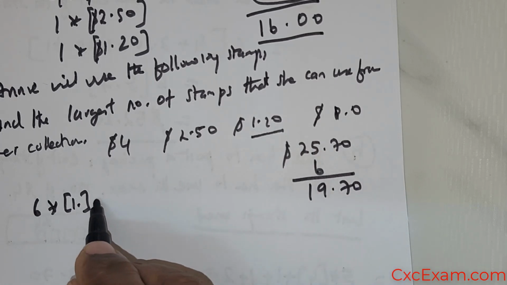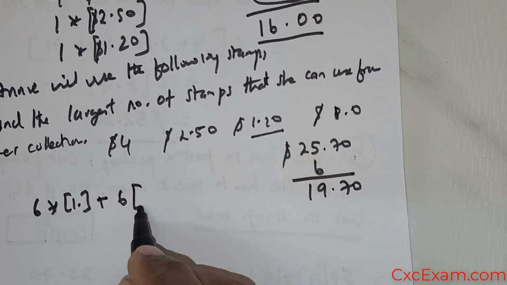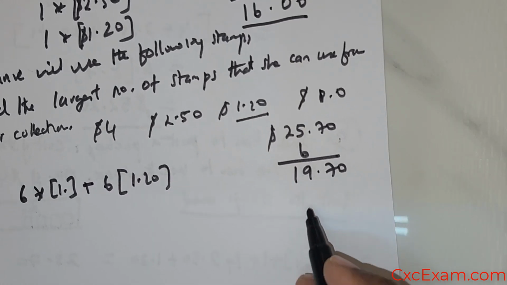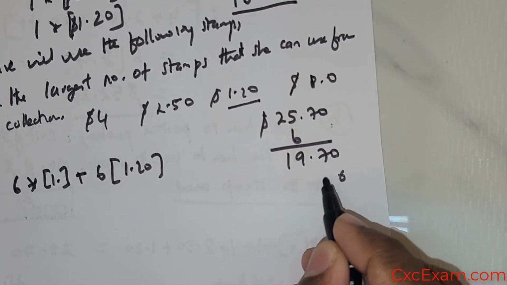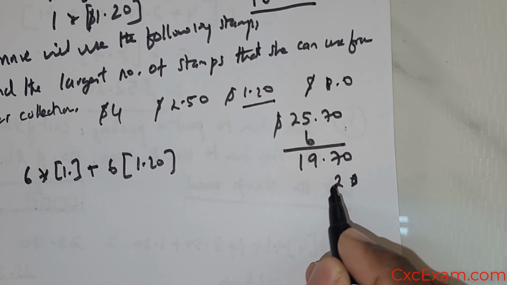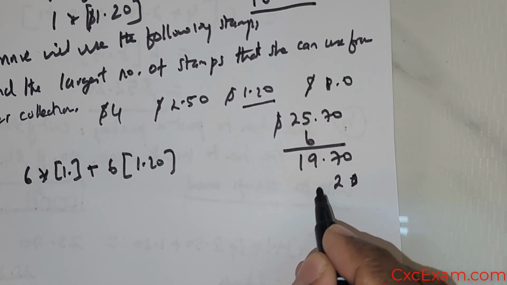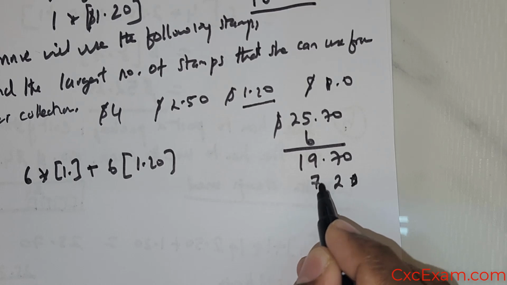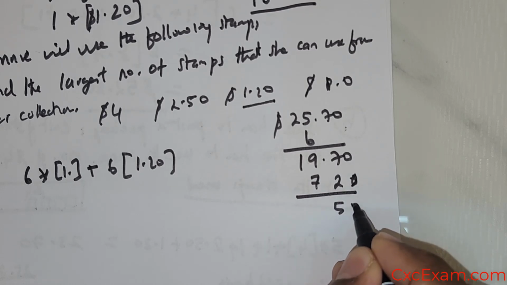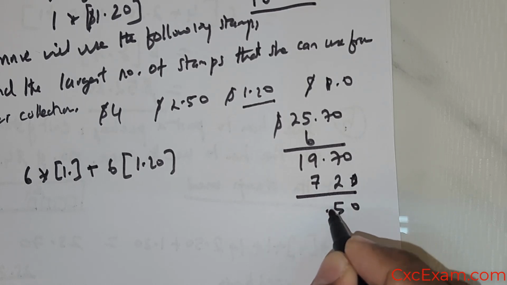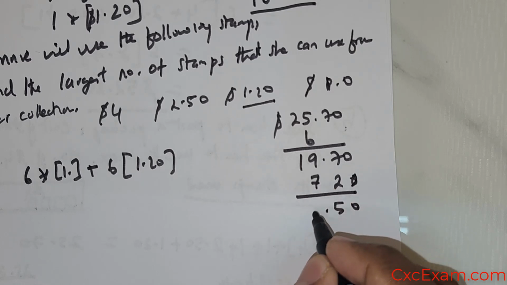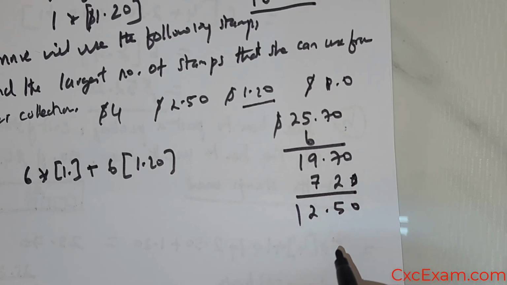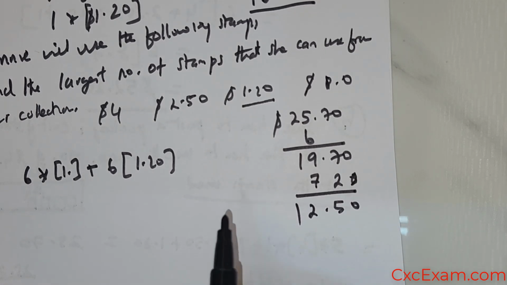So if I were to take that 6 of that 1.20, that would give me 6 2s are 12, 6 1s are 6 and 7, right? So I would have 0.50 here and this is going to be 12.50.